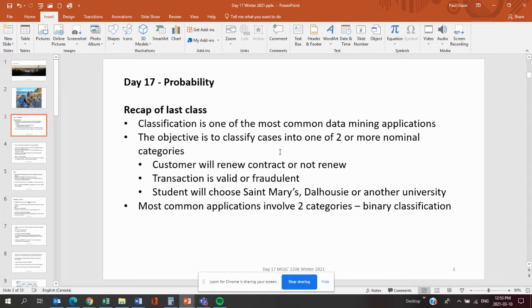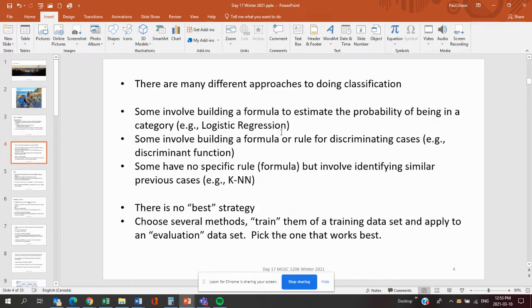I say nominal, it could be ordinal categories as well. But most of the time, it's cases where we're looking at just two categories, binary classification, that yes or no. The others are much more complicated to handle.